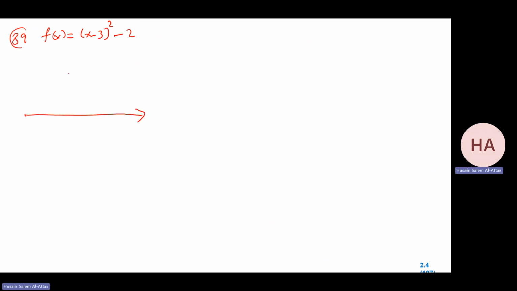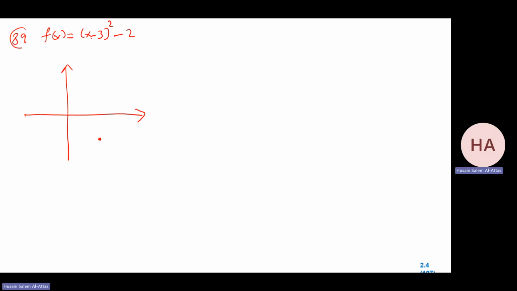This function is a parabola with vertex at 3 and minus 2. And at 0, it will be what? I just want to graph it.